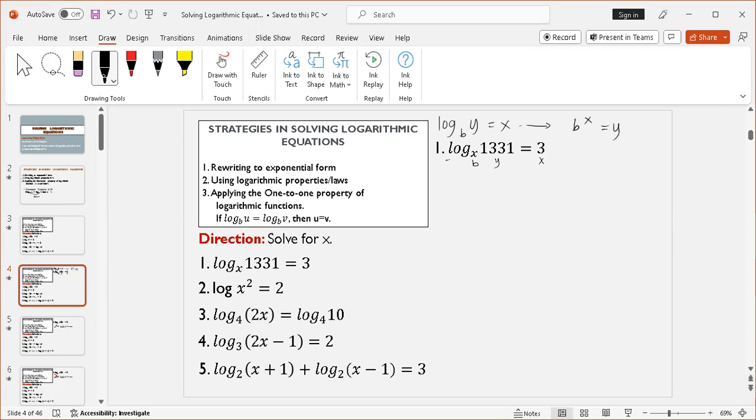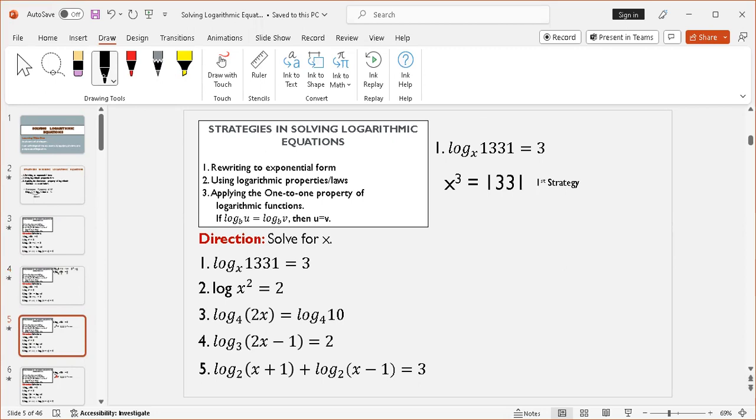So it will become x raised to 3 equals 1,331. Okay, so this is now the equivalent form of this logarithmic equation. We use the first strategy. Now, hindi pa to yung sagot.